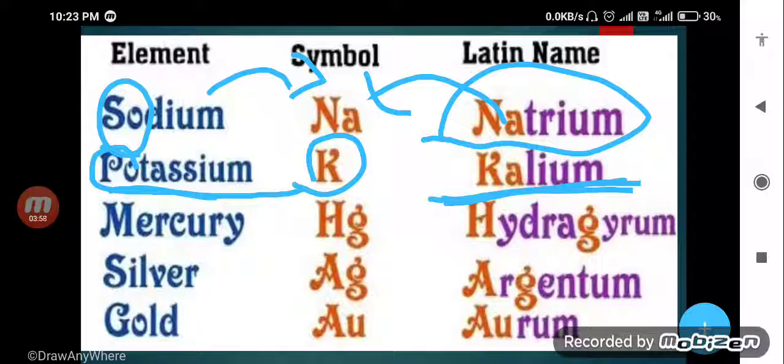Mercury, silver and gold, aurum you can see, and from the Latin name aurum, Au is taken. We are not writing Go, we are writing Au. So, it is very clear that a few symbols are different from their names because they are taken from the Latin name, and the second rule is that the first letter must be in capital form and the second letter must be a small letter.